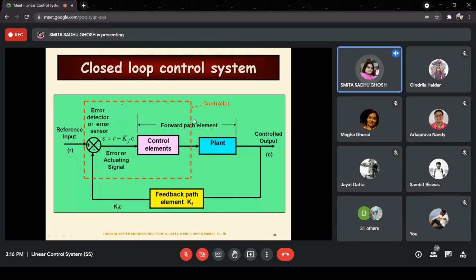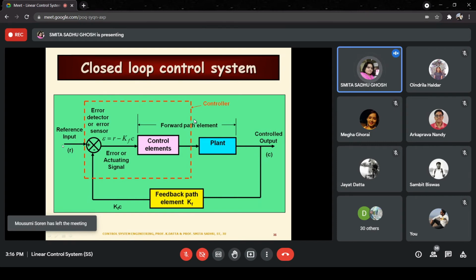the controller. So as far as the controller is concerned, it has, number one, the control elements inside it, as well as a summer. Summer means a summation block, which is going to add or subtract signals which are coming into it. Now, what are the inputs to the controller?